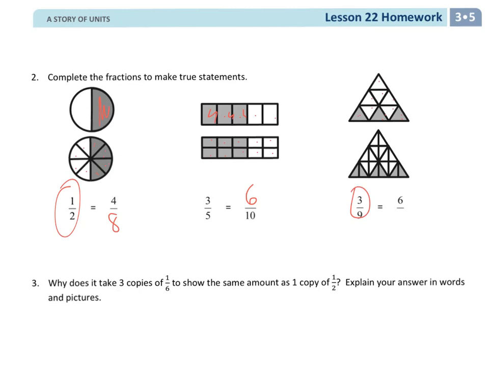So there's my 3 9s. And this one I have 1, 2, 3, 4, 5, 6 out of 18. So it's showing my equivalent fractions for those.